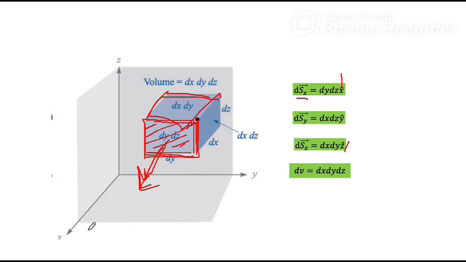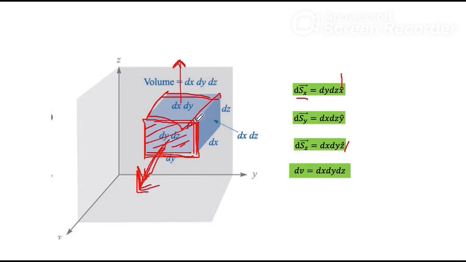The right hand rule says that if I move from x to y, I will move along z. Similarly, dsx will be dy dz, and I move along positive x. So dsz will be the vector surface area of this top surface pointing along the z direction, and here it is pointing along the x direction.